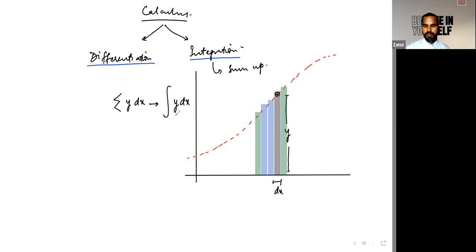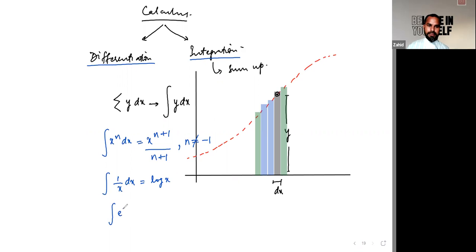Now we have certain formulas related to this. First, integration of x raised to n times dx is equal to x raised to n plus 1 divided by n plus 1, but there is one limitation, n should not be equal to minus 1. When n becomes minus 1, it will be 1 over x times dx, so its integration would be log of x.